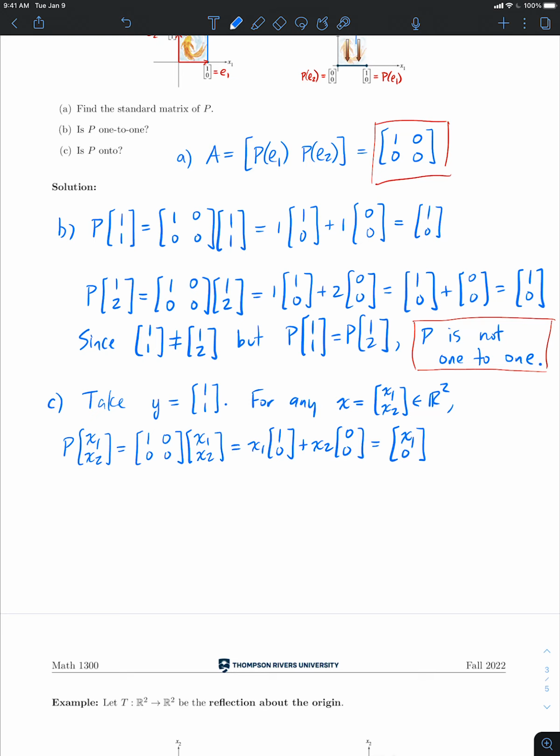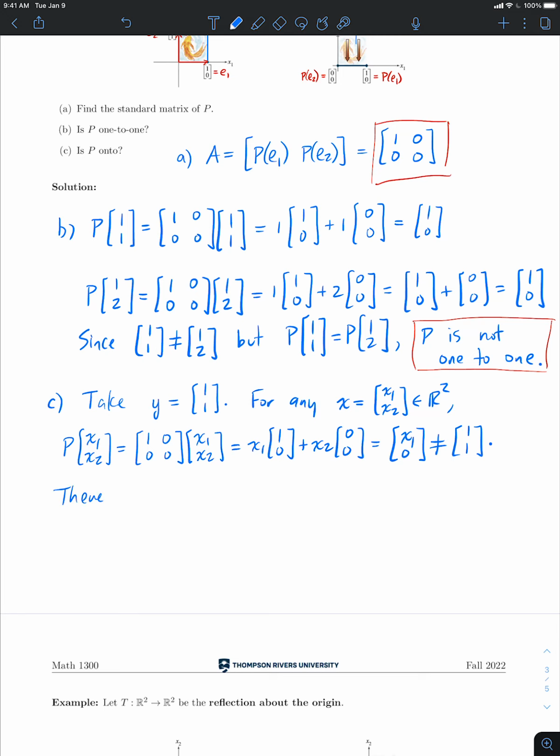No matter what x1 is, this will never be equal to the vector (1, 1). Right? So that means y, this vector y that we came up with, will never, ever be an output vector from the transformation P. So for that reason, P is not onto.